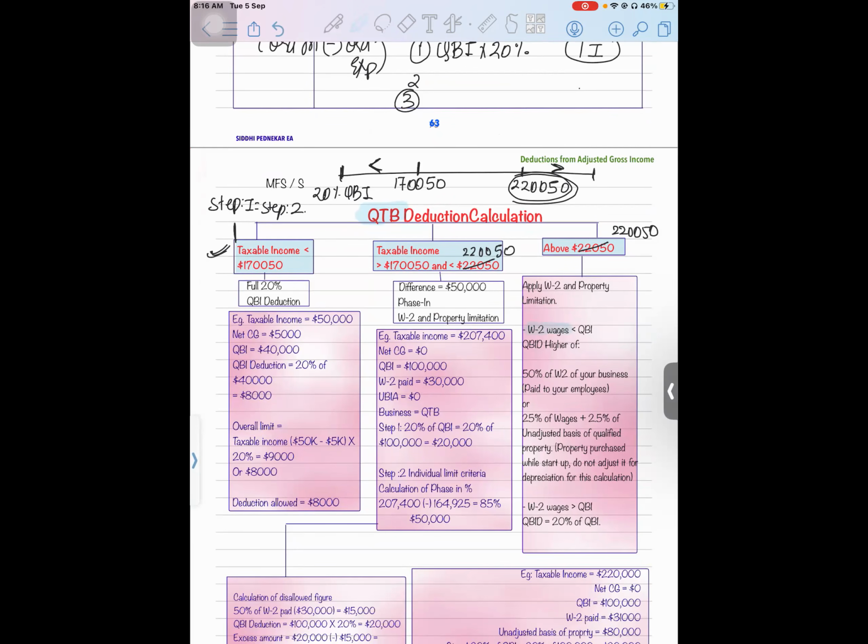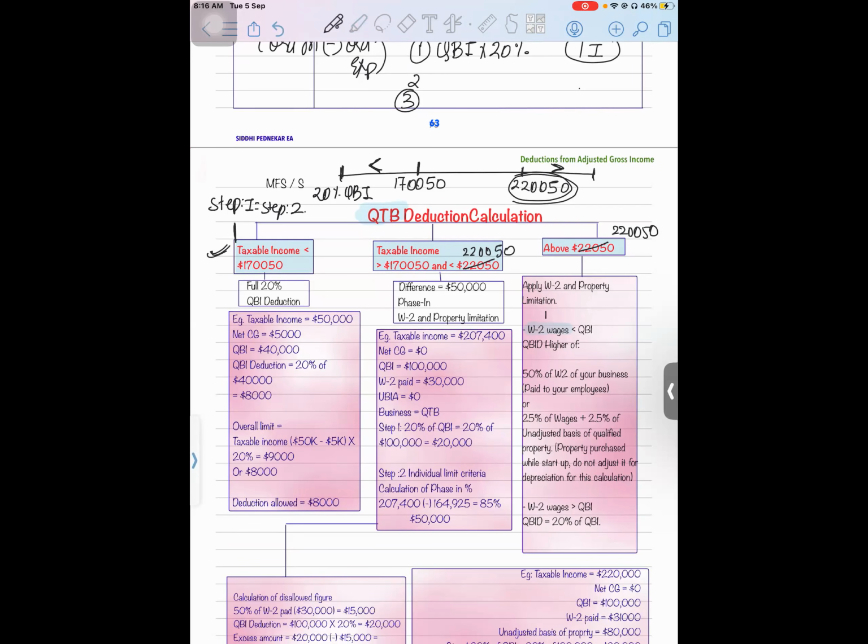Let's say you are an employer, you will be providing salary to other employees, right? If you are a sole proprietor, running your own small shop, there might be a few employees working for you. So whatever salaries and wages you are paying them, you will take that amount.